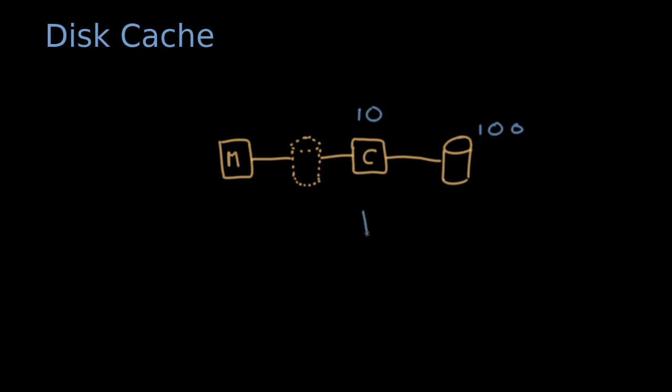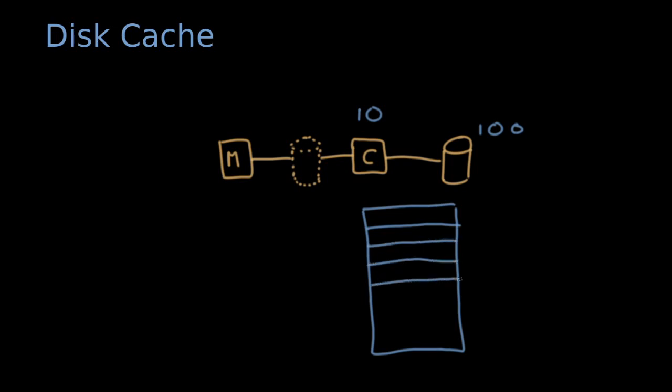So the cache maintains a table of 10 rows, numbered 0 to 9.